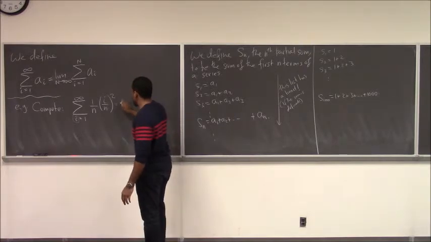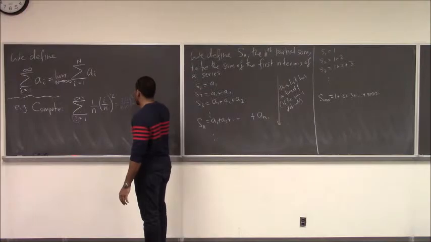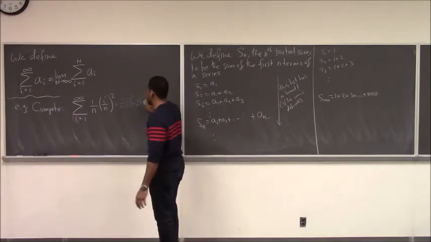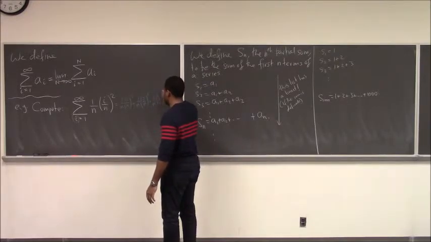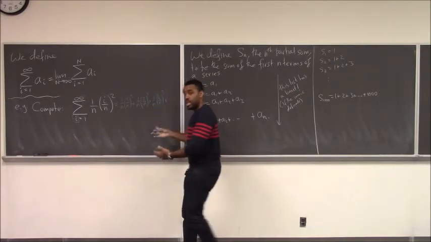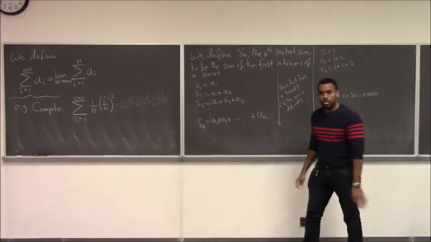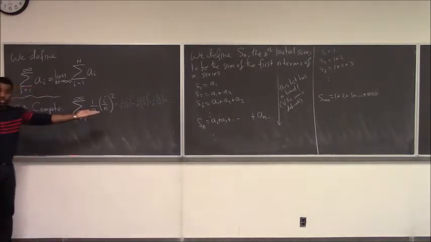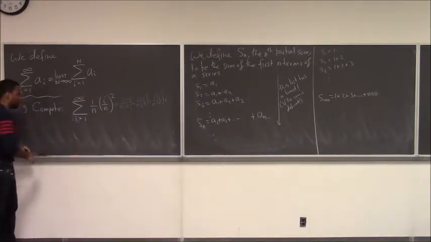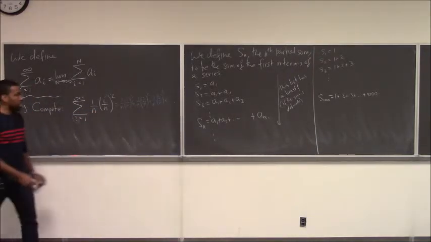So we have 1 over n times 1 over n squared plus 1 over n times 2 over n squared plus 1 over n times 3 over n squared plus, keep going. Okay? So we want to add up an infinite number of expressions that have this form. Okay. Now, will that actually give us a meaningful answer?